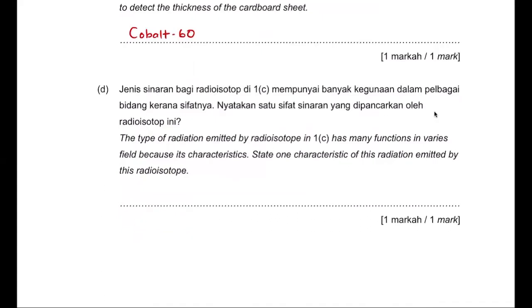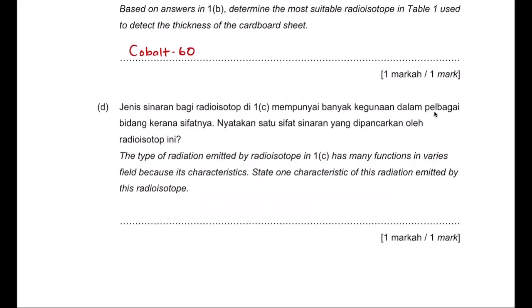Okay, D. And then the type of radiation emitted by radioisotope in 1C has many functions in various fields because of its characteristics. State one characteristic of this radiation emitted by this radioisotope. Okay, so one of the characteristics of this radiation is its high frequency.